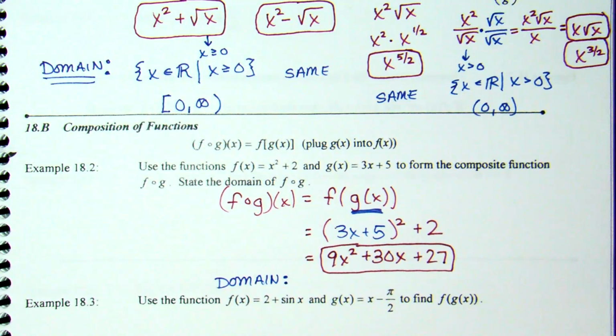I mean, those are the 2 things to watch for. So, if there's nothing to worry about, what's my domain? All reals. That can be written as the fancy R that indicates reals. Or, what is that in interval notation? Negative infinity to positive infinity.